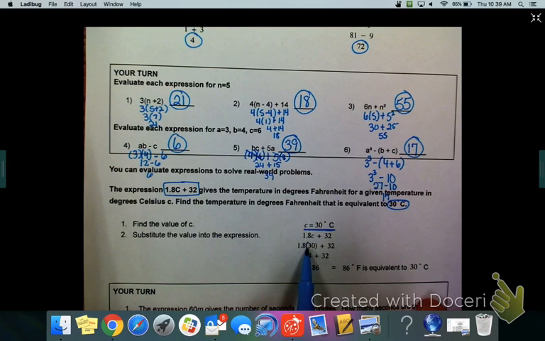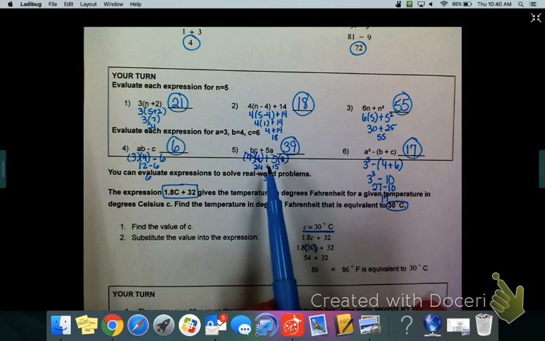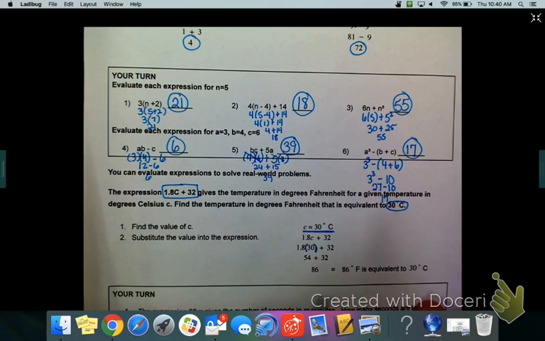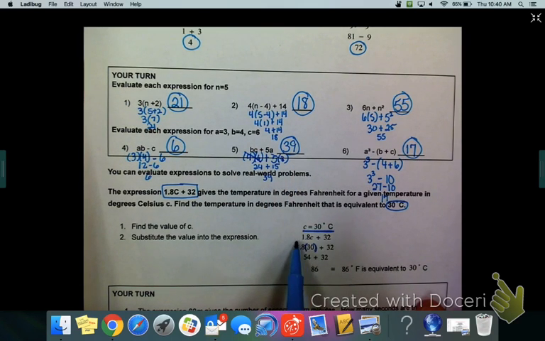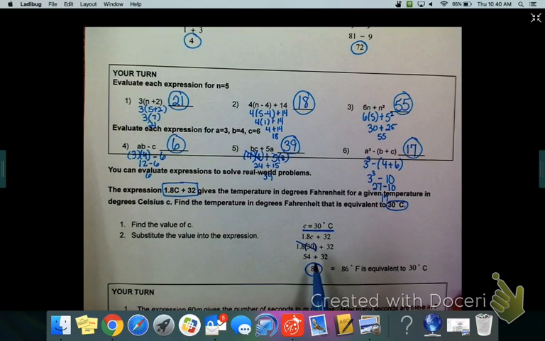And in this problem, we're using parentheses. And you notice up here in my work, I use parentheses almost every time to show multiplication. So now I have to do 1.8 times 30, and I get 54. Go ahead and rewrite the plus 32. And now I just have addition left. 54 plus 32 is 86. So what this expression is telling me is that 30 degrees Celsius is the same thing as 86 degrees Fahrenheit.